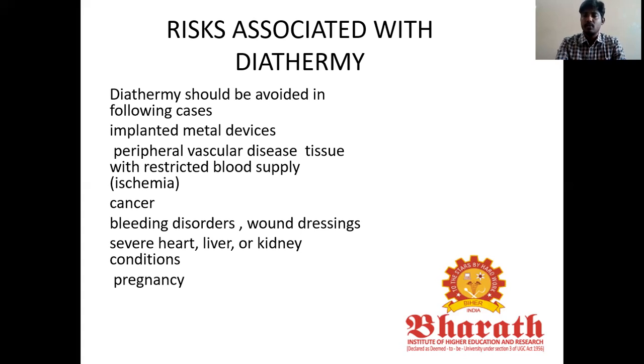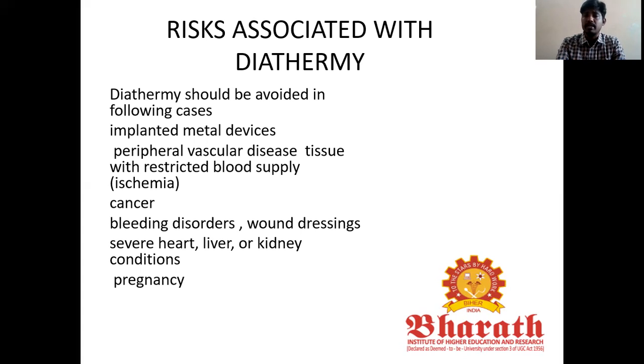Once we treat with lithotripsy, the stone is ground with the help of the lithotripsy machine. Once the stone is ground, they again come for diathermy, because once diathermy is used, they easily get pain relief. But it is a major risk for diathermy when the patient is getting stone treatment again.